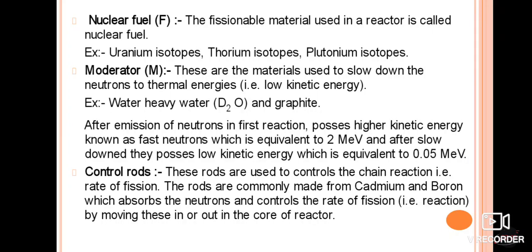The material is commonly cadmium as well as boron. By moving the rod inside as well as outside the core, the fission rate will be varied and controlled. So this is called the control rod.